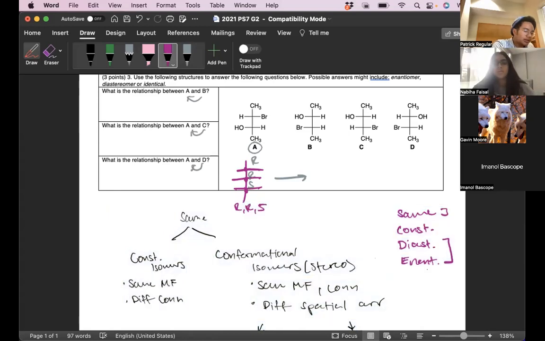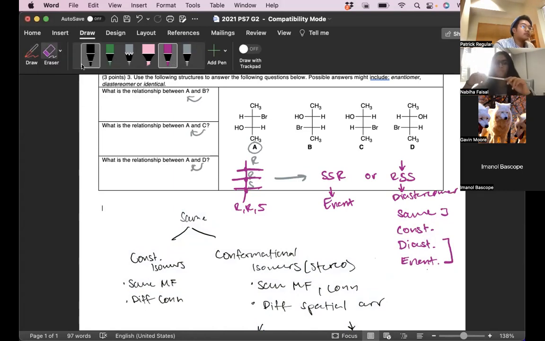If we had a compound that was S, S, R, a complete reversal, that'd be an enantiomer, because that would be a mirror image. And if it was R, S, S, there's only one difference, so that'd be a diastereomer. So we should basically write out the configuration for everything. Yeah, that's what I would do.